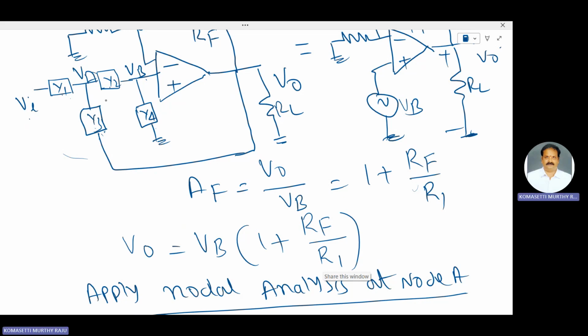According to nodal analysis, the node voltage VA into Y1 plus Y2 plus Y3, minus the adjacent node voltage VB into Y2. Another adjacent node voltage is Vi, minus Vi into Y1. Another adjacent node voltage is V0, minus V0 into Y3.